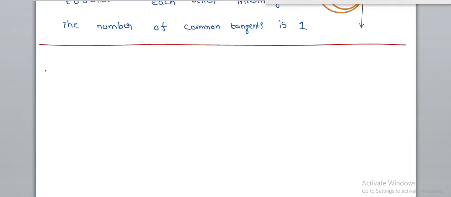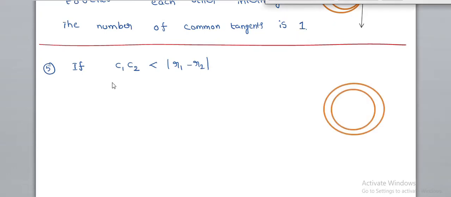Fifth one. If C1C2 is less than modulus R1 minus R2. Please observe the diagram. Then one circle is completely inside the other circle.